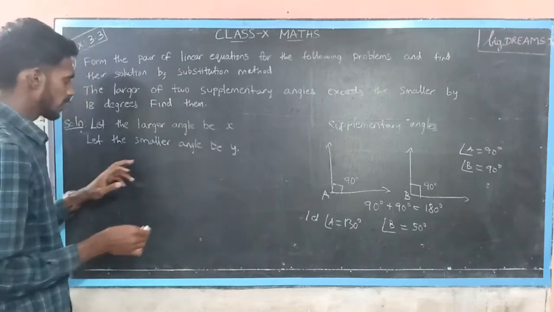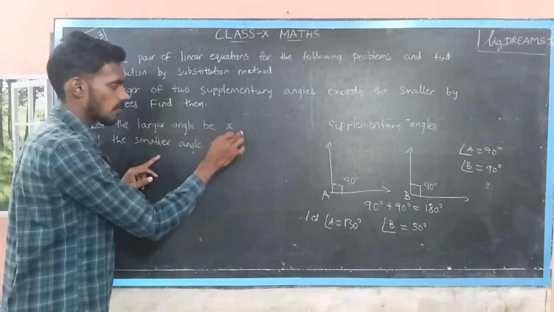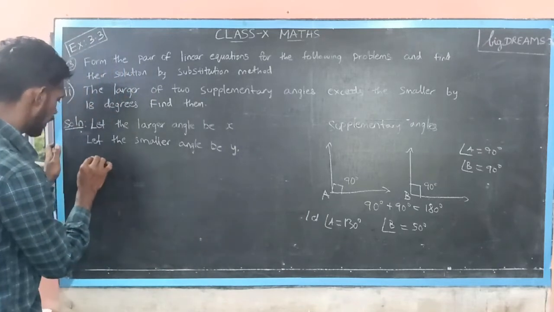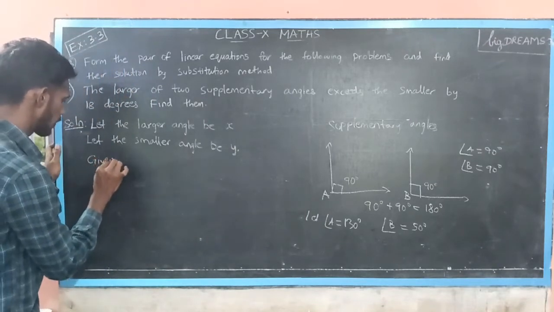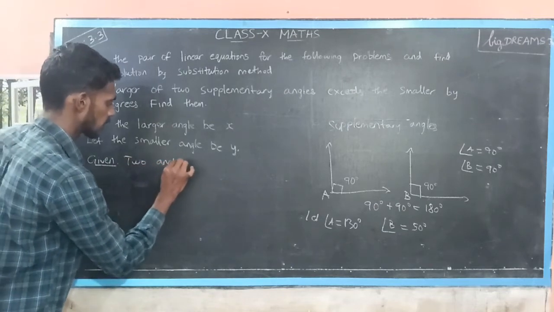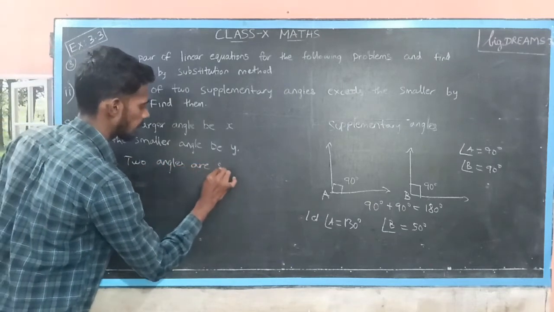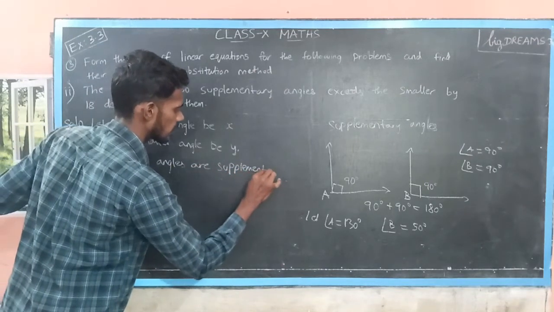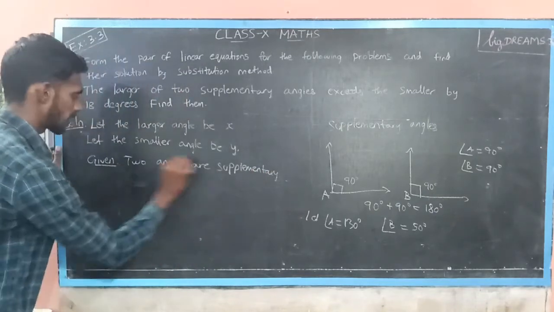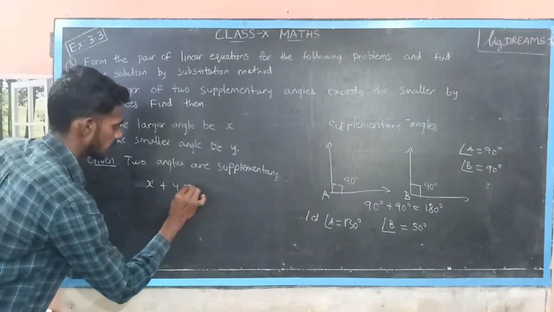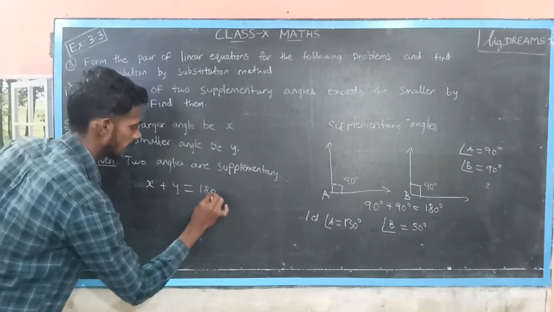Now, we know that the sum of angle measures of x and y will be 180, because they have given two angles are supplementary, right. So, by this condition we can conclude x plus y is equal to 180.